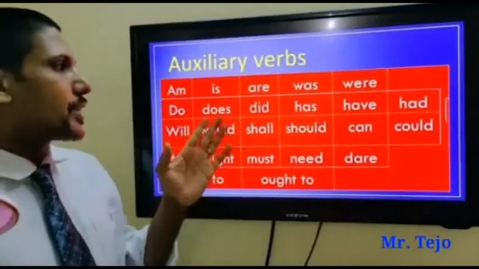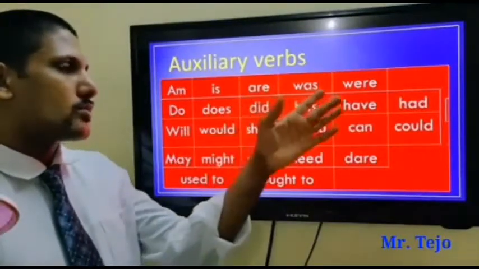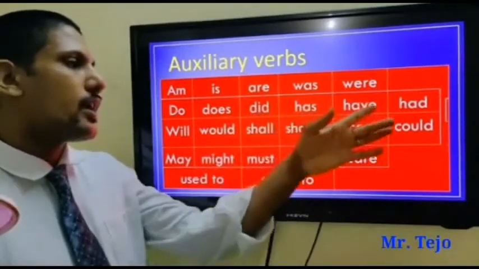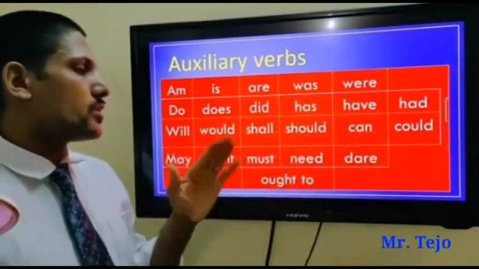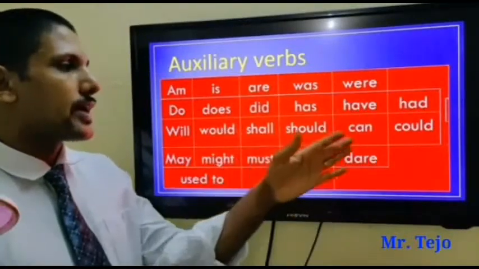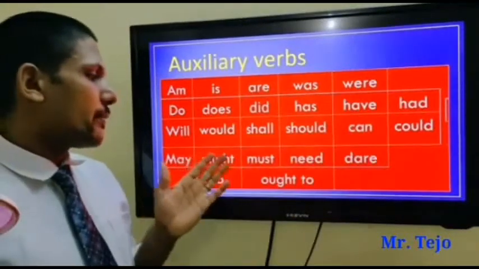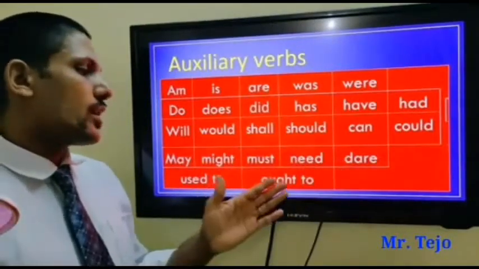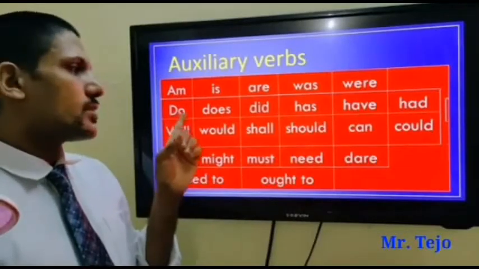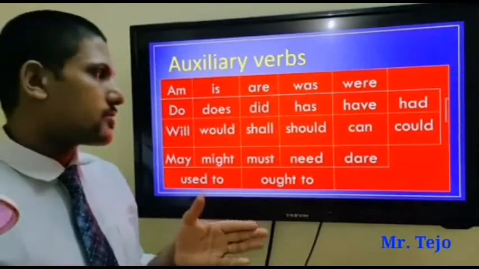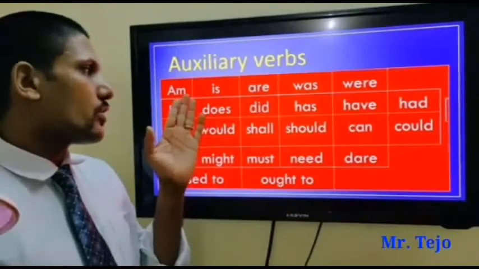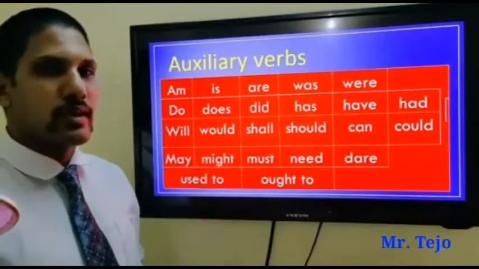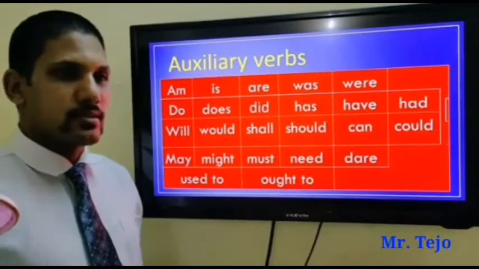Those are am, is, are, was, were, do, does, did, has, have, had, will, would, shall, should, can, could, may, might, must, need, dare, used to, and ought to. We learned do and does in simple present tense. Now in present continuous we will learn am, is, are, and the other verbs we will learn in coming tenses.